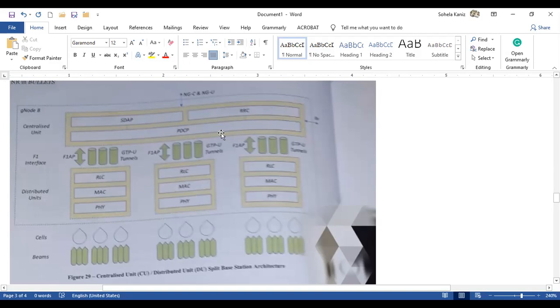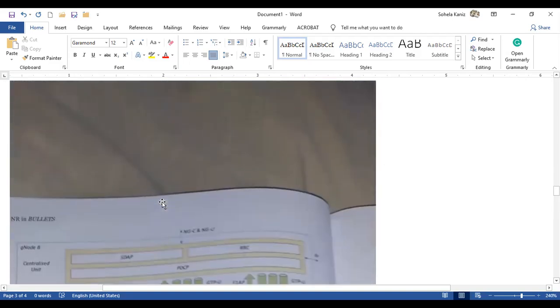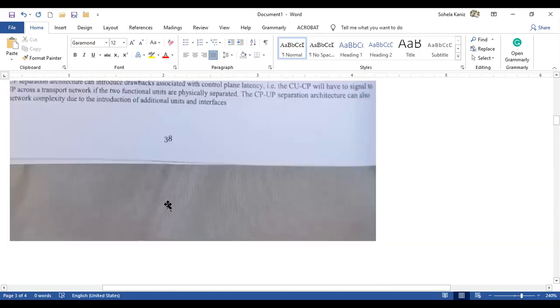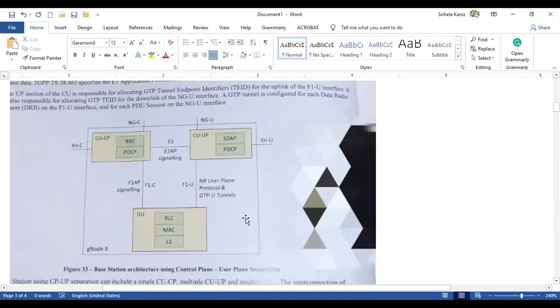So you have two separate things. So we actually have the splitting taking place this way. Where on MAC, you also have splitting.